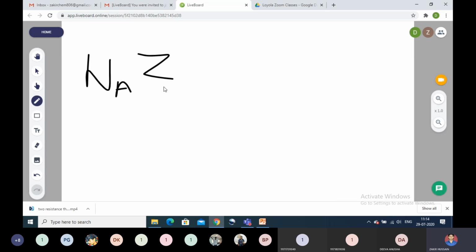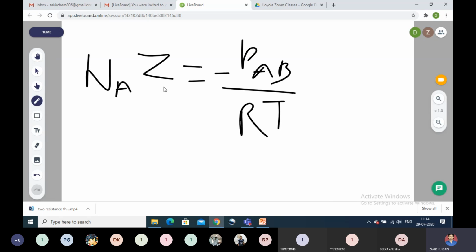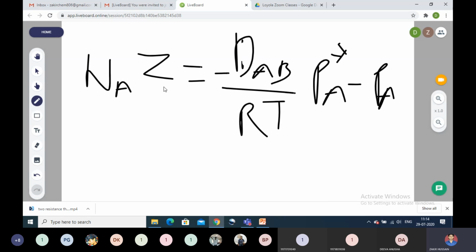Now Na into Z is equal to minus DAB by RT, then the upper limit is PA star minus PA. Now this minus we will send inside.